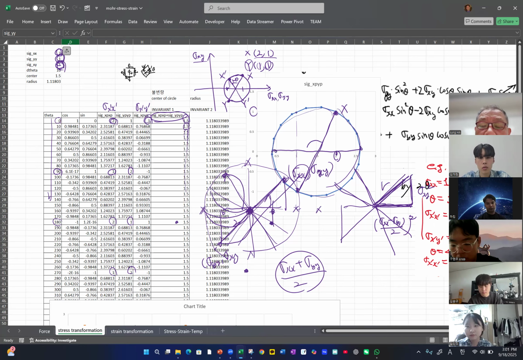When will shear disappear? We don't know this angle, but we can see this is theta, and then this shear term will disappear. Where could that point be? Somewhere here, shear will disappear, right?